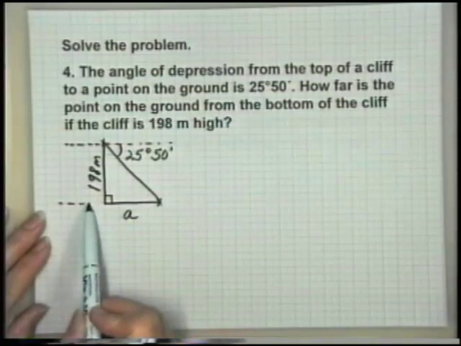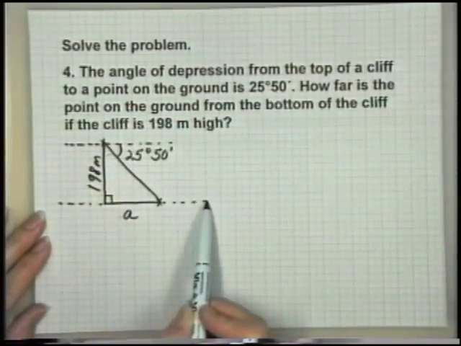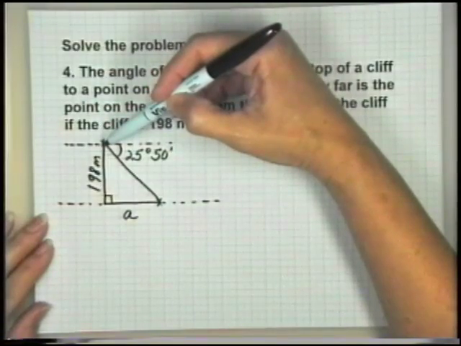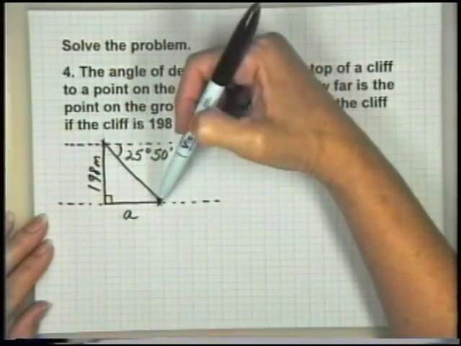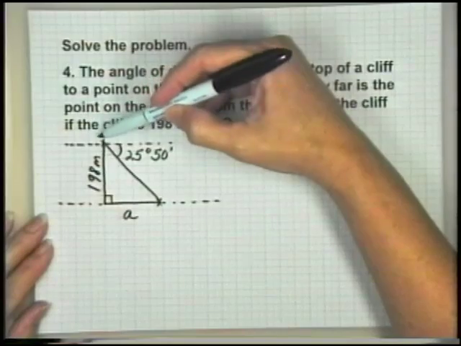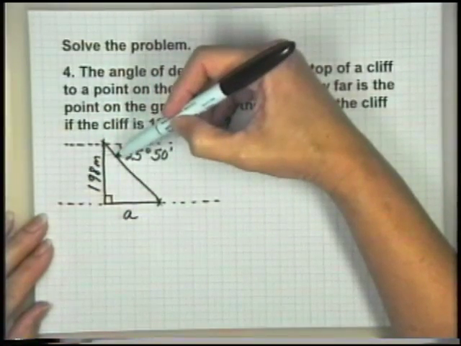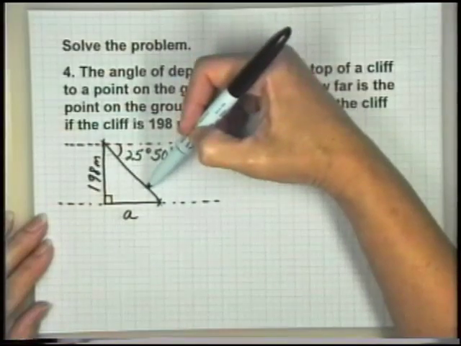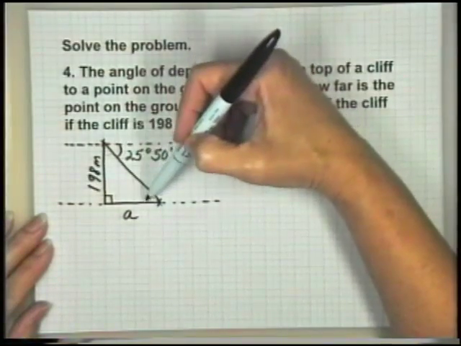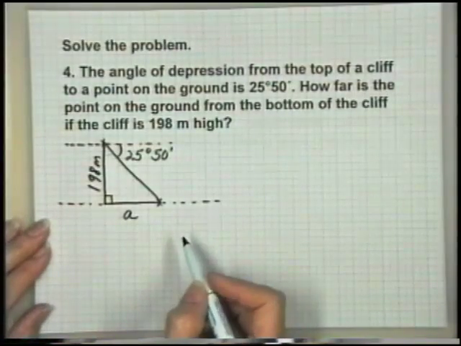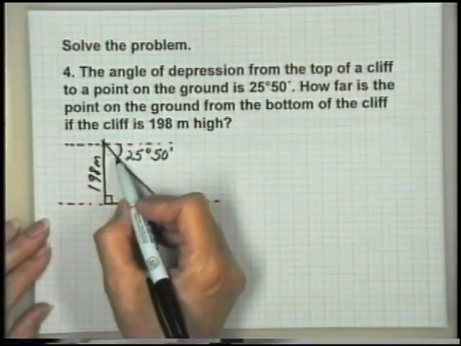Imagine that this extends, that this is parallel, and look at the line that connects the top of the cliff to the ground. Look at that as a line, and that forms a transversal. And what do we know about this angle and this angle? What do we call those? Those are alternate interior angles, and we know that they are equal.